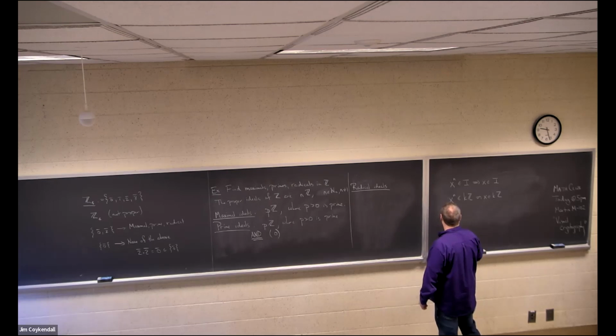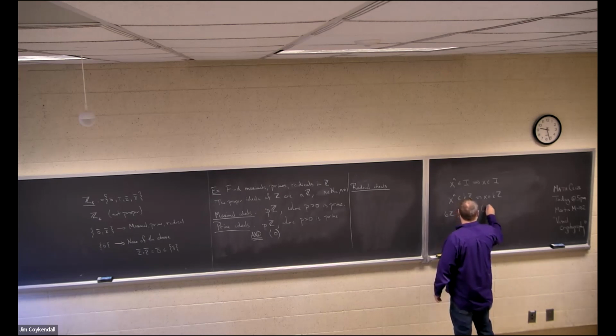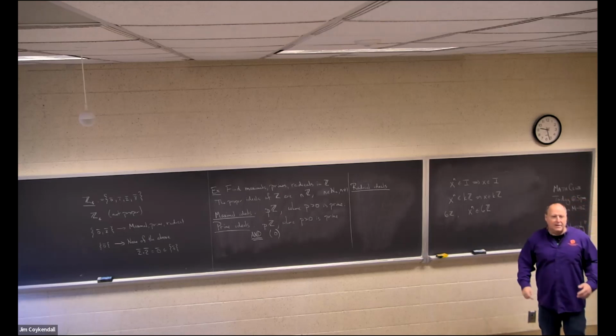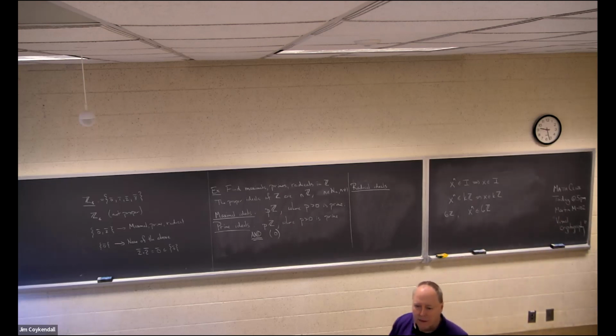I wonder if that's a radical ideal. What does it mean for x to the n to be in 6Z? It means that if I take x and I jack it up to a high enough power, then that high enough power will be in 6Z, right? What are the distinct primes that divide 6? They're 2 and 3. Everybody agree? So if there's a big enough power of x that's in there, then x has to have a factor of 2 and 3 in it. So this actually is radical.